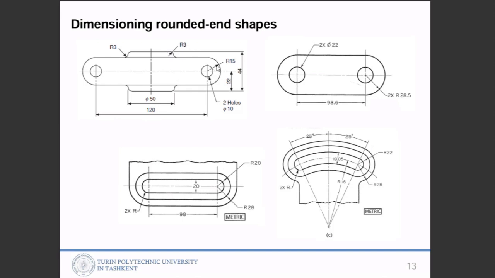And we can draw the radius this way, only one radius; the second radius is not shown because it's symmetric.